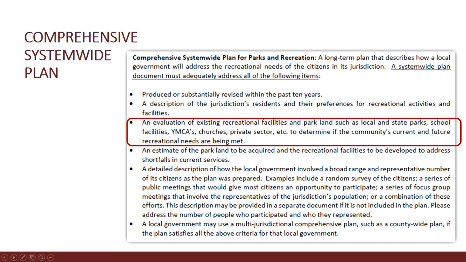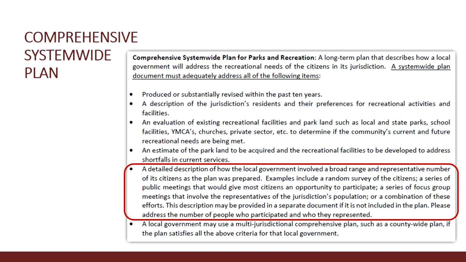One item that's frequently missed, it's not just a list of all the park facilities in your system that is required, but what is available to your jurisdiction. So are there local state parks, school facilities, YMCA, other places that meet the recreational needs of your community? So make sure you list those. That should be in your document, in your plan.